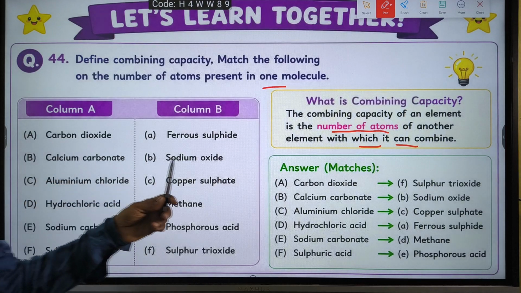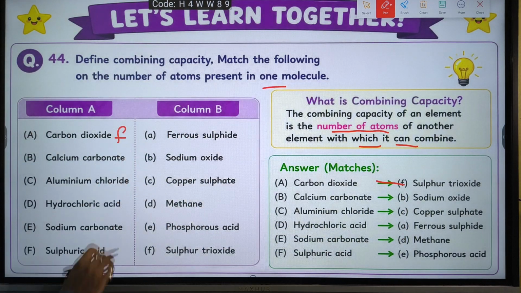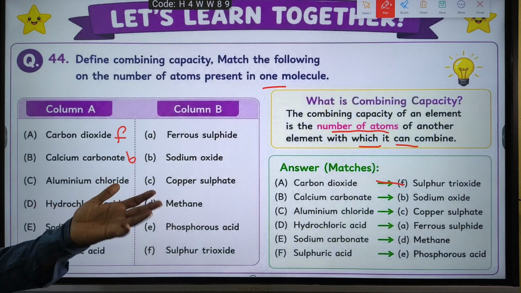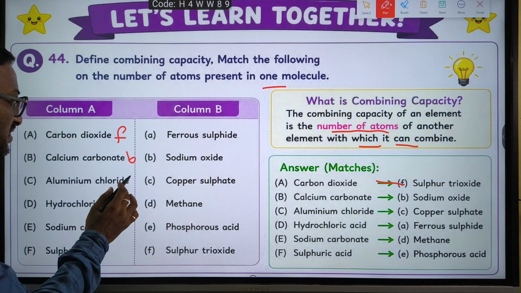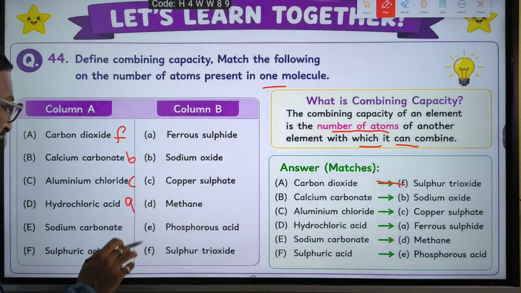Carbon dioxide combines with sulfur trioxide, okay, that is F. And calcium carbonate combines with sodium oxide, that is B. These reactions we will learn in future. Aluminum chloride will combine with copper sulfate, that is C. Hydrochloric acid will combine with ferrous sulfide, that is A.